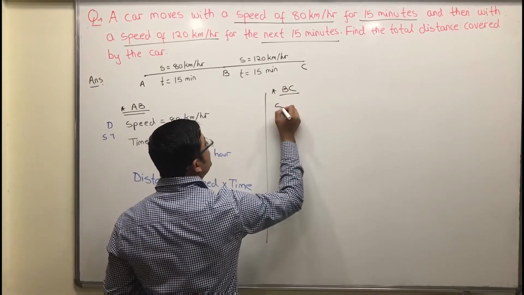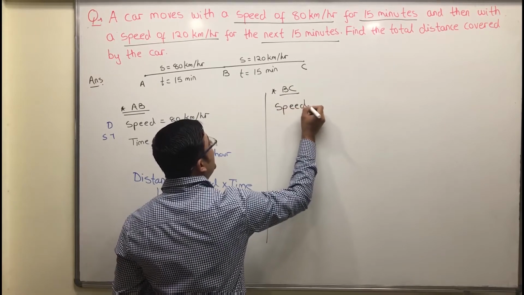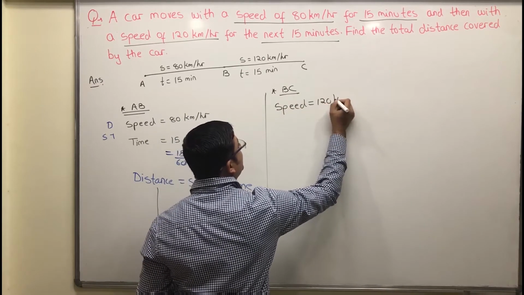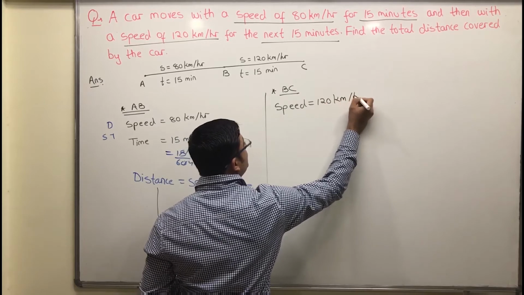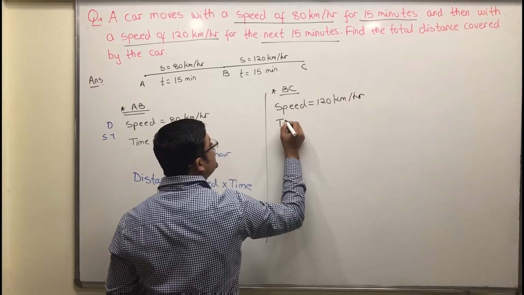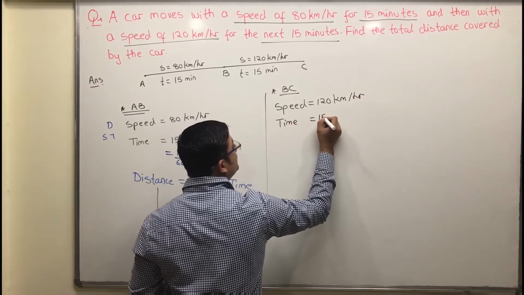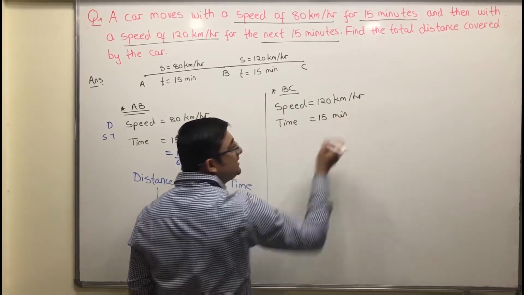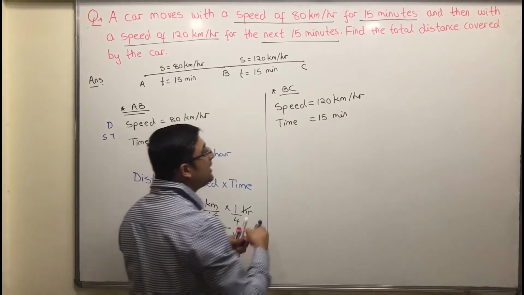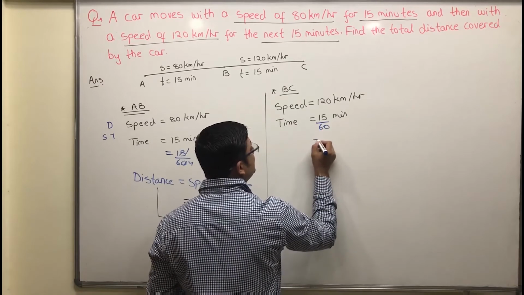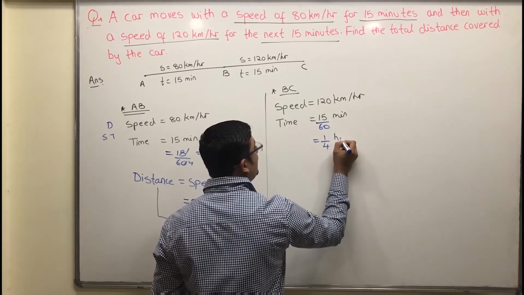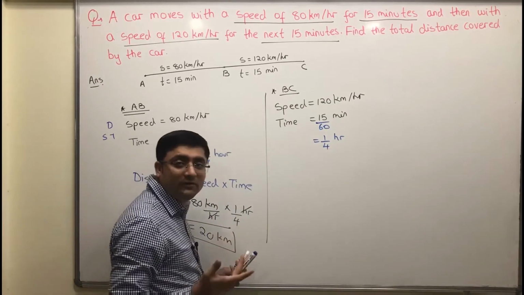So B to C, the speed is given to us as 120 km per hour and the time is given to us as 15 minutes. Again speed is in kilometer per hour, so time has to be in hours, so divide by 60. So that is 1/4 of an hour. Now again, what do we have to find? Distance.